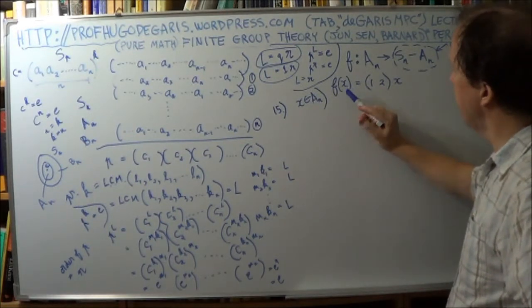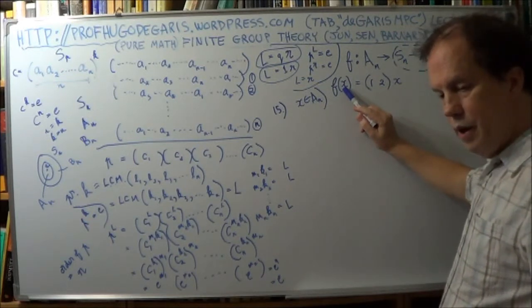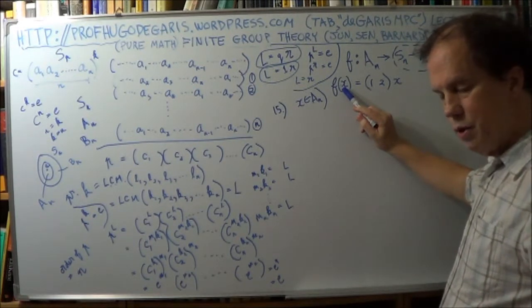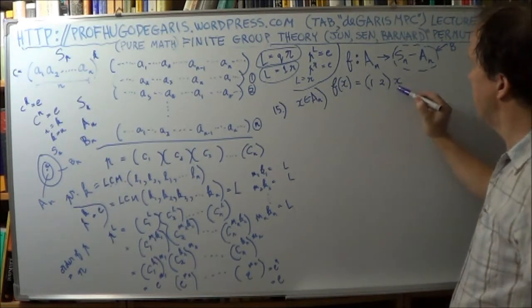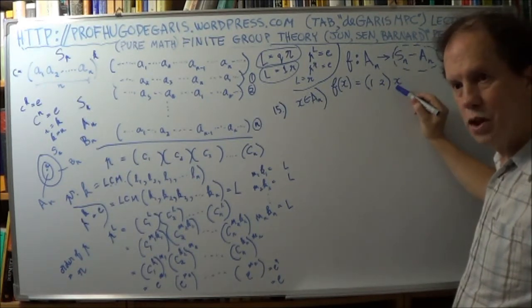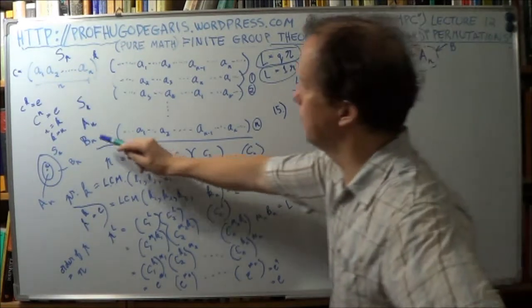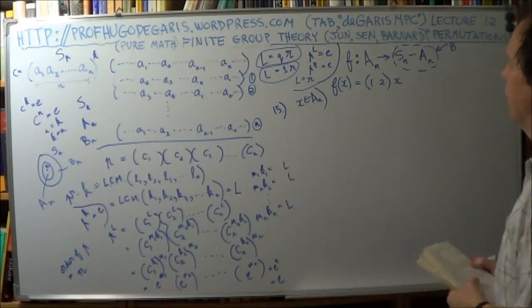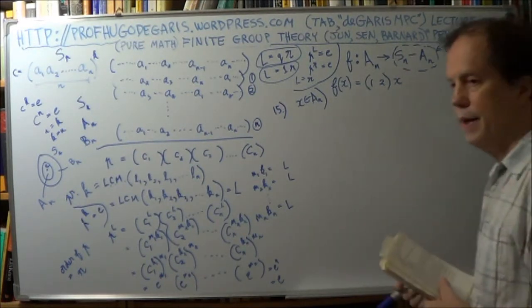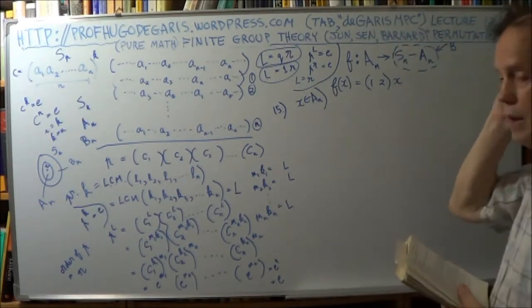Okay, so it makes sense. So you're mapping a permutation which has an even number of transpositions, in other words, an even permutation, into an element that has an odd number of transpositions, and therefore belongs to this set B, which is the set of all the odd permutations. So this makes sense, right? So it's well formed. Quite a bit of discussion there, and quite ingenious, right?